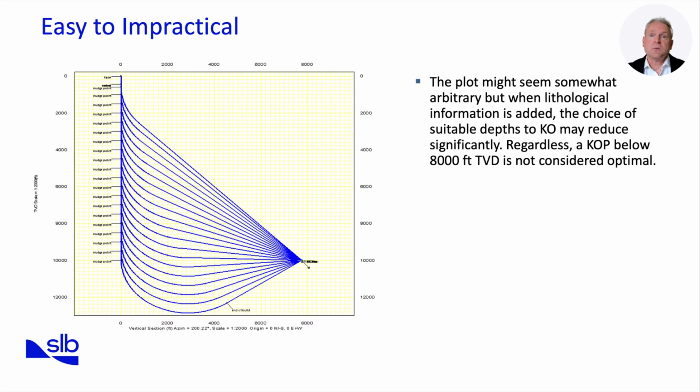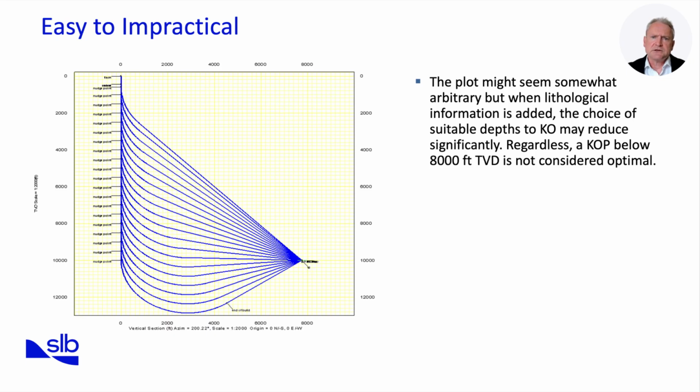Although mathematical models can generate numerous well path options, not all are practical. Lithological data often reduce the range of suitable kickoff point depths, as unstable formations, faults, or salt zones must be avoided. For instance, a theoretical design might allow for a deep kickoff point, but operational risks like high torque, drag, or unstable build sections may render it impractical.